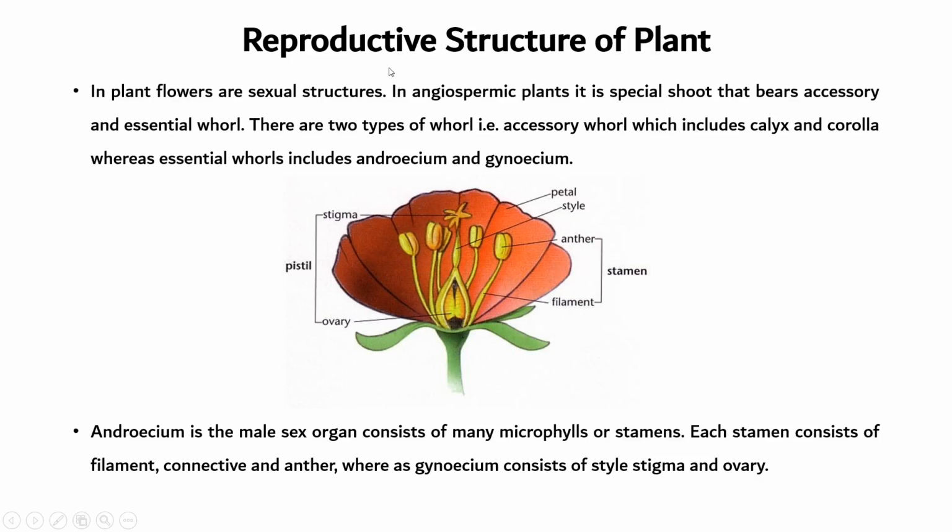Dear students, after germination of seed, the plant continues to grow vigorously and bears only foliar leaves. This is called the vegetative phase. Every plant body goes through two phases, that is the vegetative phase and the sexual phase.